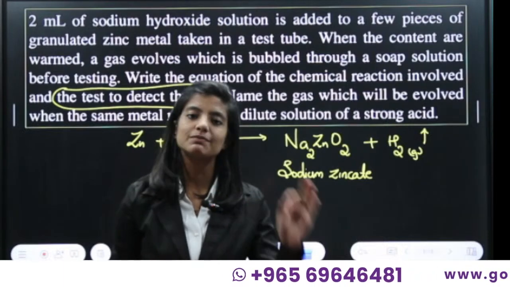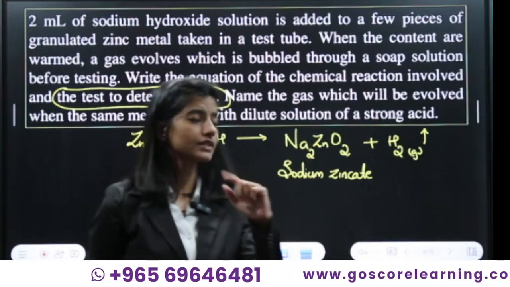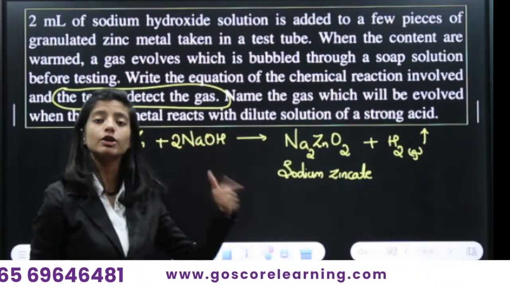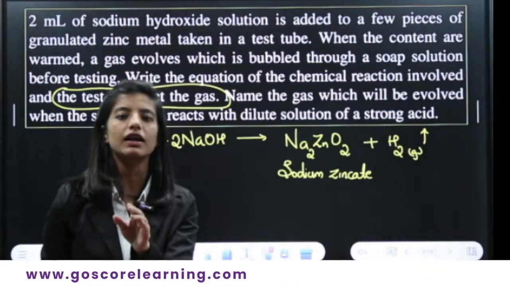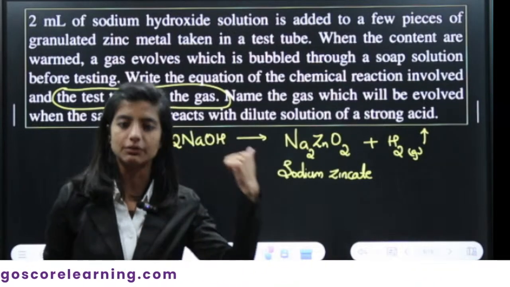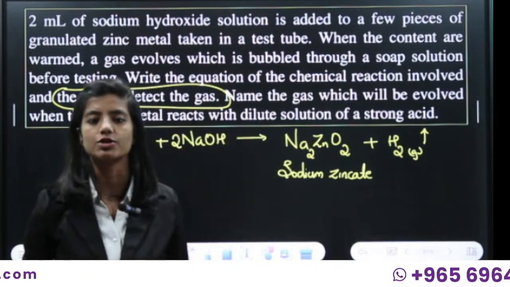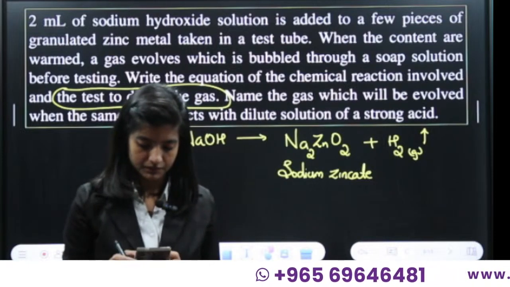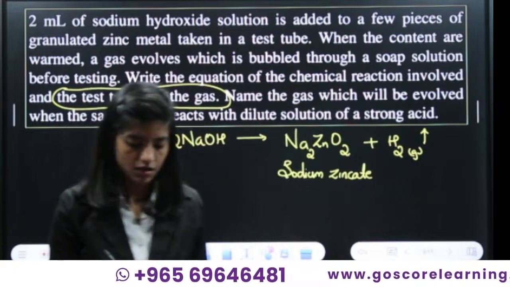So that's the test to detect the hydrogen gas. Do you want me to explain that again? Bring a lighted candle or the matchstick towards the mouth of the test tube. If it burns with the pop sound, that is the hydrogen gas. All right.